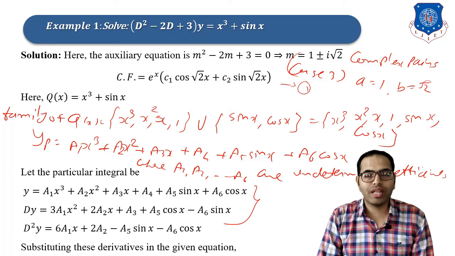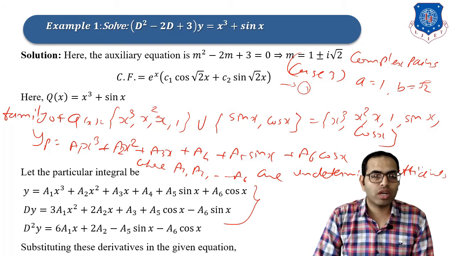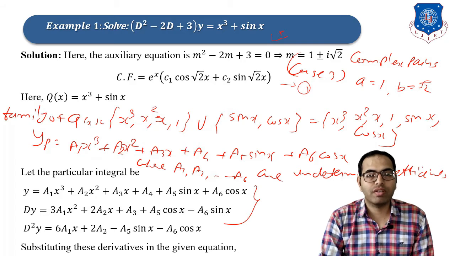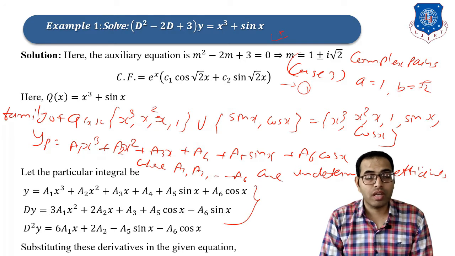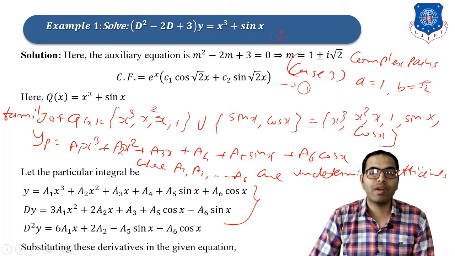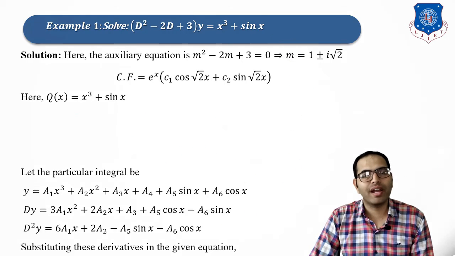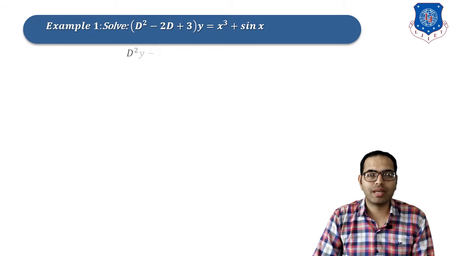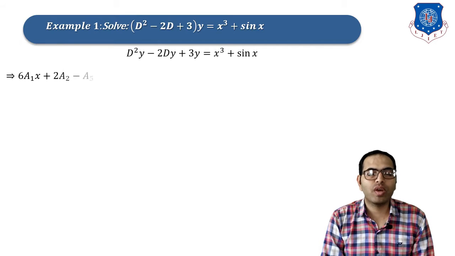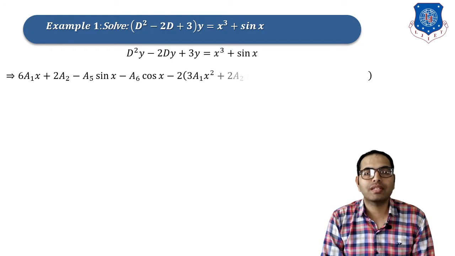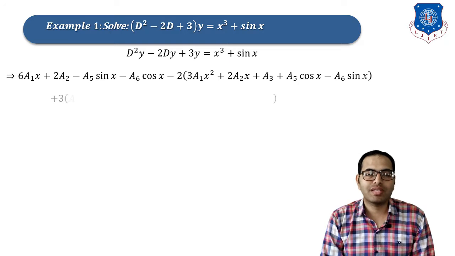Now all these derivatives are substituted in our given differential equation and simplified. Substituting, d²y - 2dy + 3y = x³ + sin x.